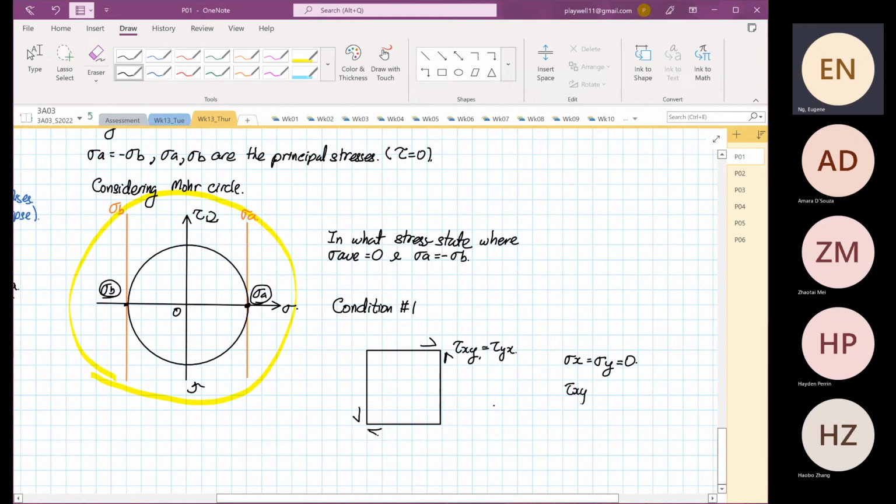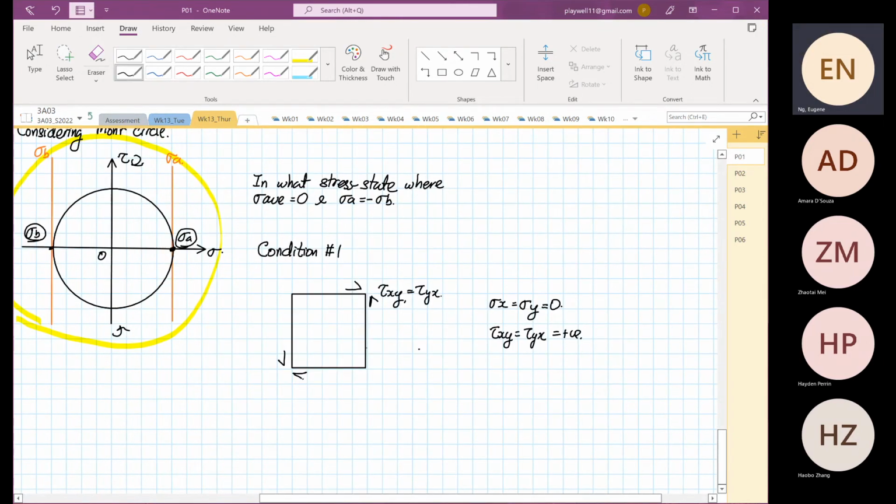Our shear XY is equal to shear YX, and this is positive. When you plot Mohr's circle, you will get exactly the same thing as the one highlighted in yellow.